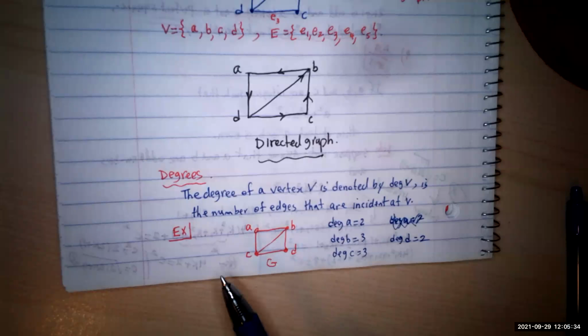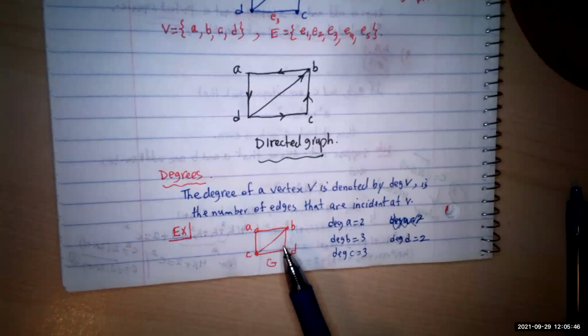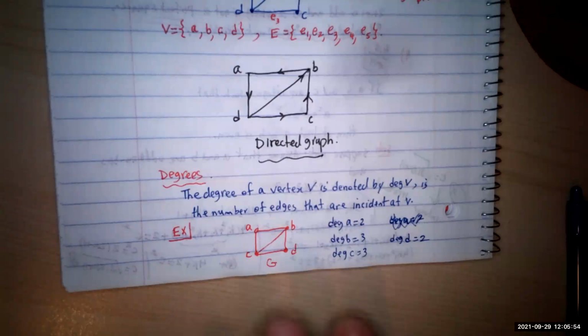Okay, so when we talk about coloring of the graph, we mean we are going to assign a color to each vertex, so that if 2 vertices are adjacent, then they should have a different color. Of course, you know, you can use 4 colors and just color this one.